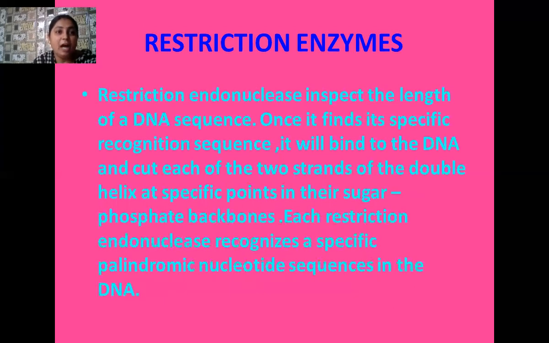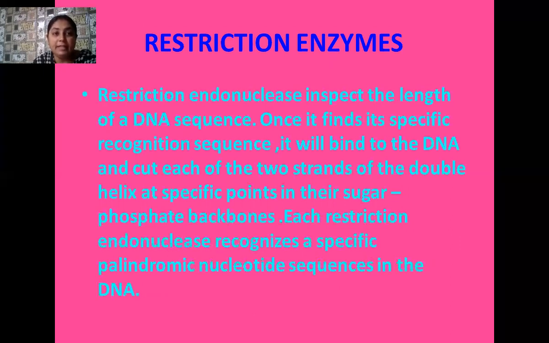Yes, student, how do these restriction enzymes actually work? These restriction enzymes inspect the length of the DNA sequence, and as soon as they find their own recognition sequence, which may be of 6 base pairs, or 4 or 5 base pairs, they cut the DNA.